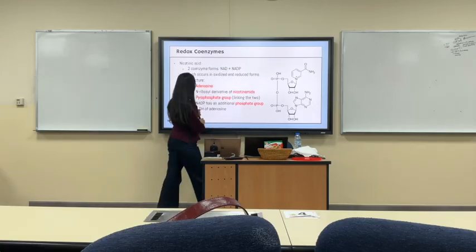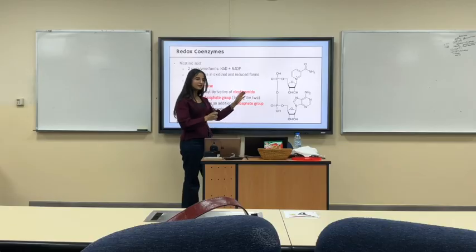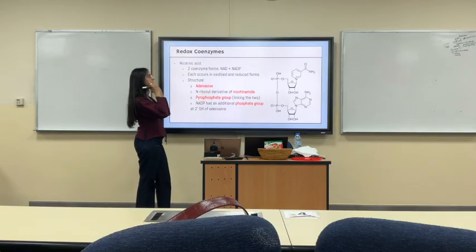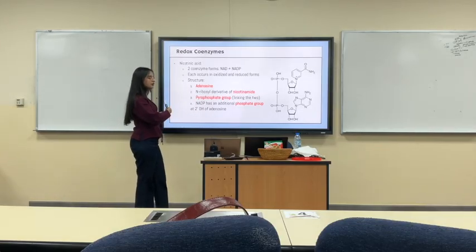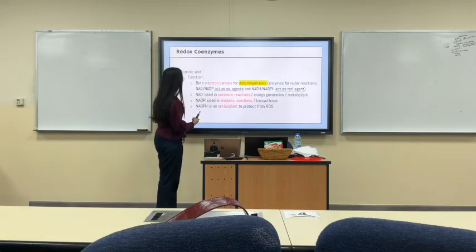And NADP would have an extra phosphate group on the 2' hydroxyl group. You need to know this. It will help you imagine when the reduction and the transfer of hydrogen happens. But you don't really need to memorize it.